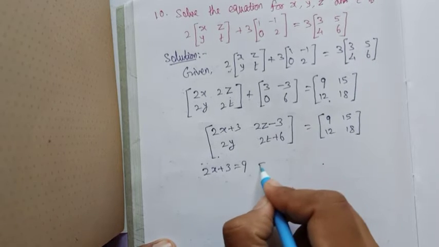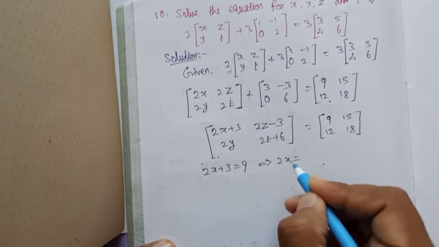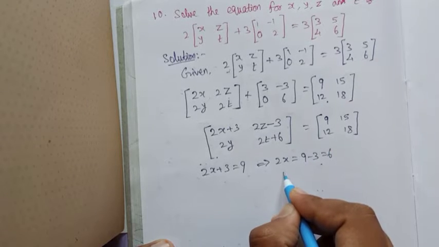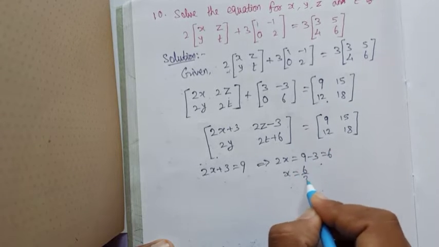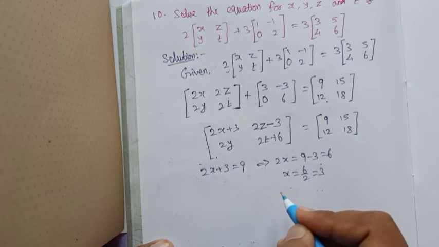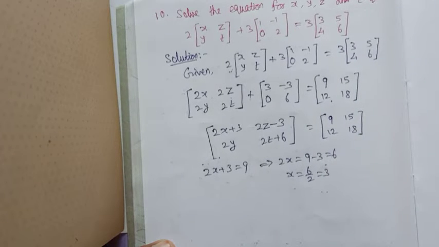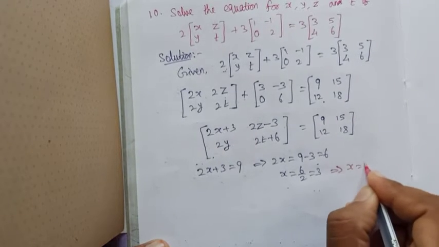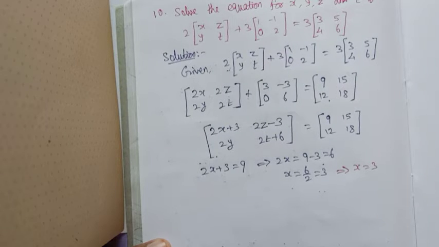We get 2x is equal to 9 minus 3, which is equal to 6. So the x value is 6 by 2, which is equal to 3, so x equals 3 we get.